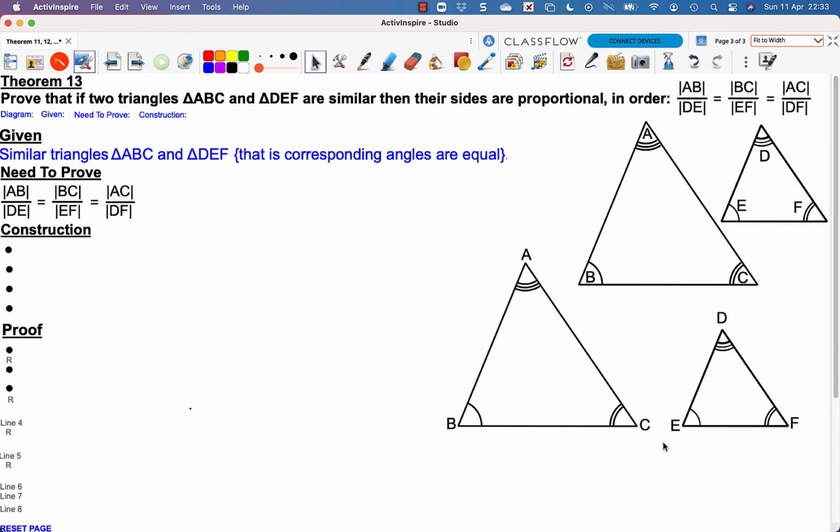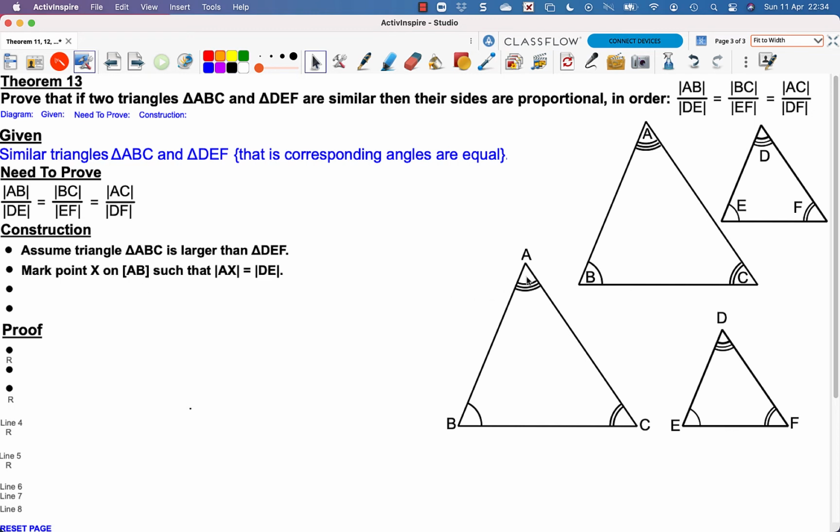Now, for the proof we need to make this look like Theorem 12, which means we want this triangle inside this one. We want to construct this triangle on top of this one, where D is taking the position of A. So in order to do that, we first assume that ABC is bigger than DEF.